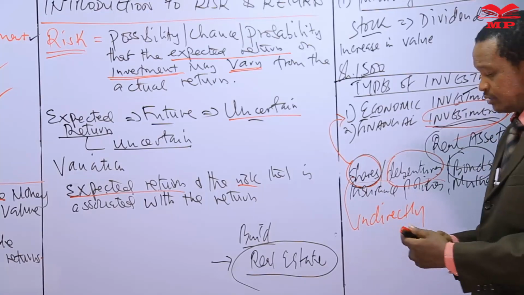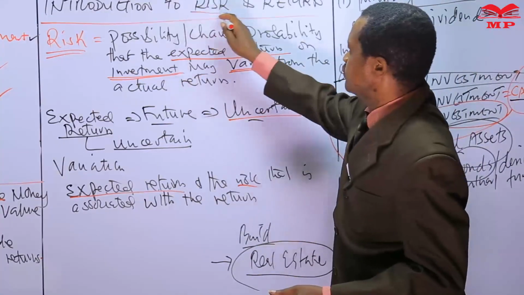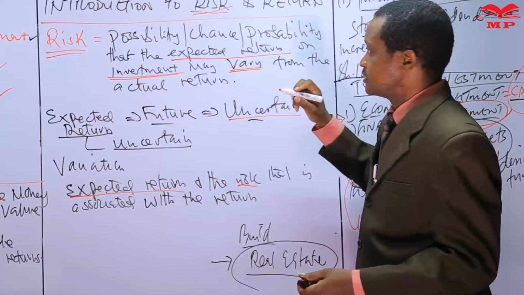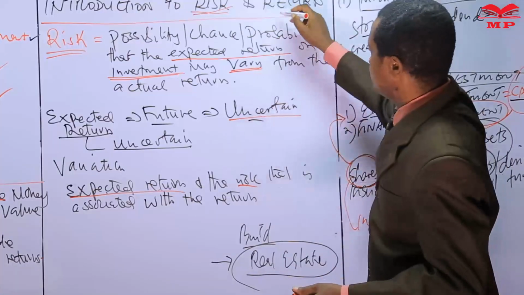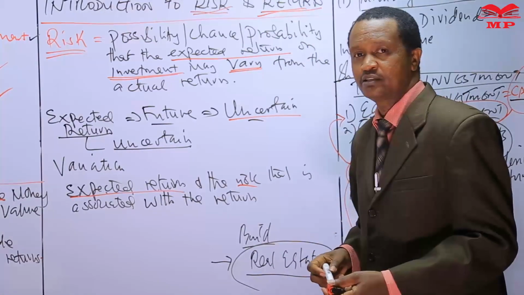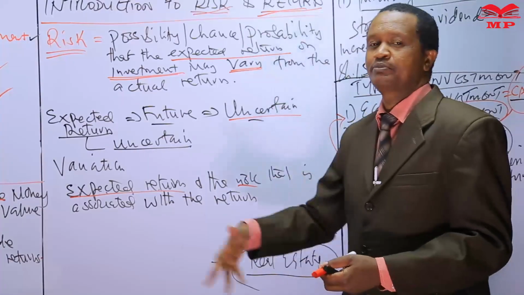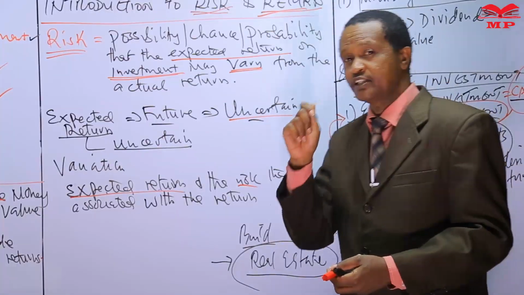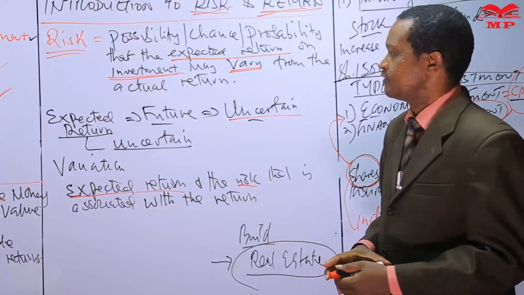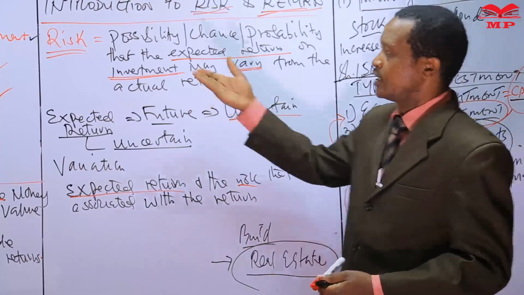At least you now appreciate the meaning of risk. From financial perspective, risk, I said, has a special meaning. You have also appreciated the meaning of return. What is a return? A return is what investors expect as a result of investing their funds in economic assets and financial assets.